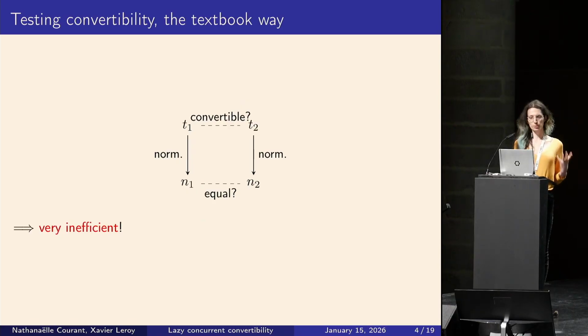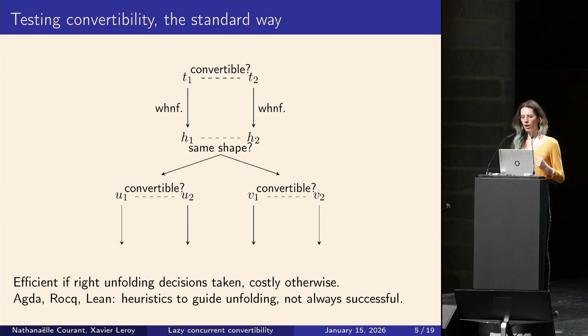So the textbook way to test convertibility is to reduce both sides to normal forms and check whether the normal forms are equal. In the presence of strongly normalizing terms, this shows decidability, but it's very inefficient. The standard way, the one used by most theorem provers, is to reduce both sides to weak head normal forms, look if those sides have the same shape, and if they do, we have several other convertibility tests to solve again, which we do recursively.